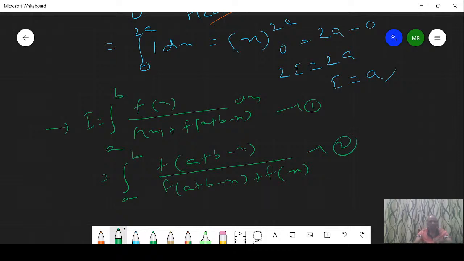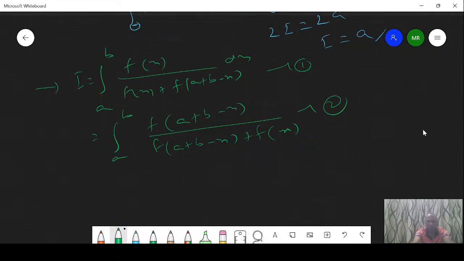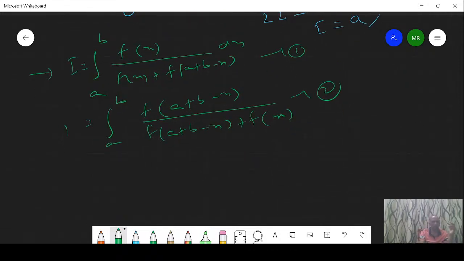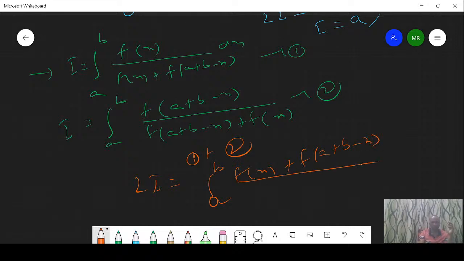This is 2. Adding 1 and 2, both are I. Then you will get 2I is equal to integral a to b of f of x plus f of a plus b minus x by f of a plus b minus x plus f of x dx.